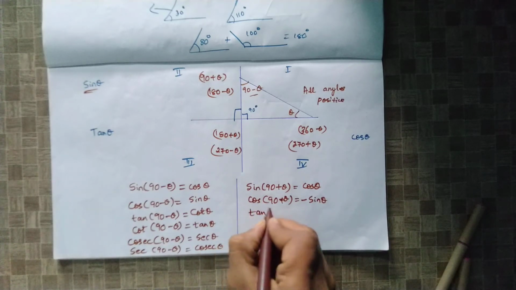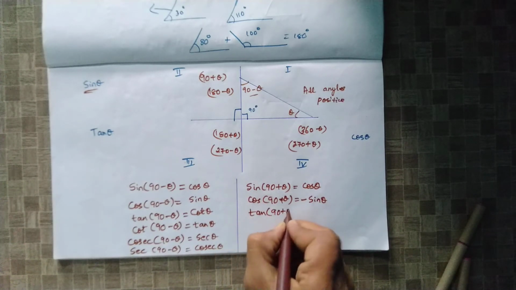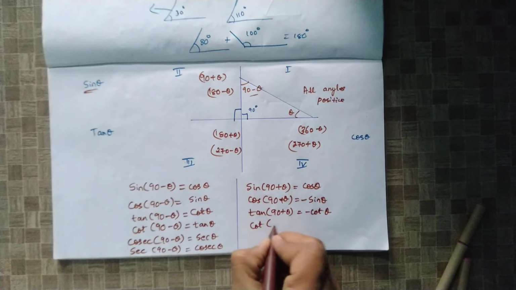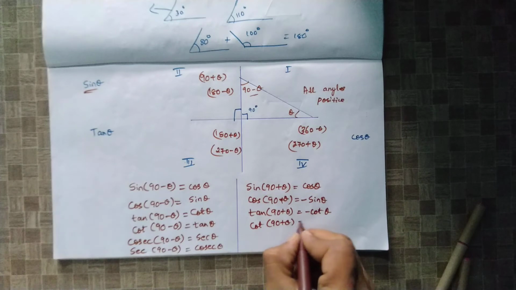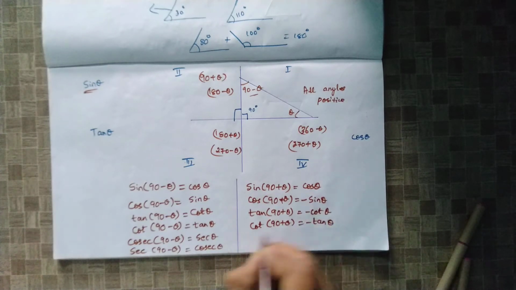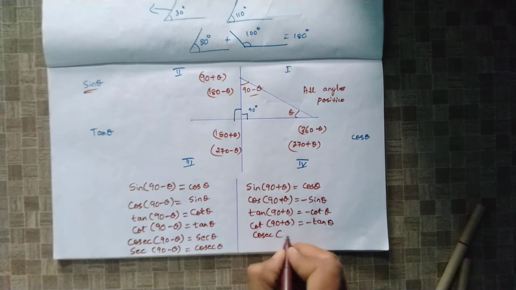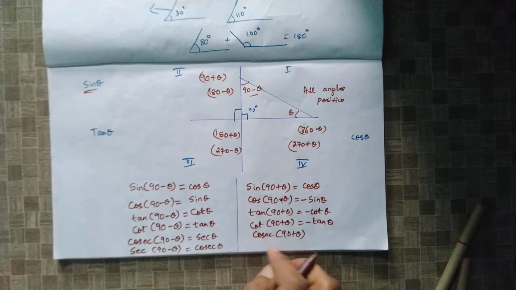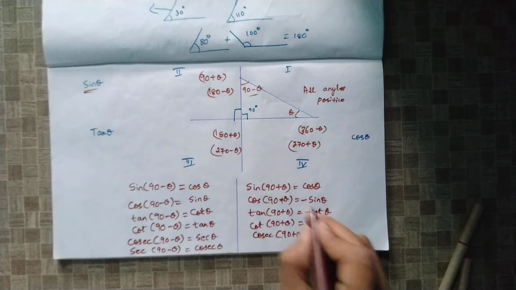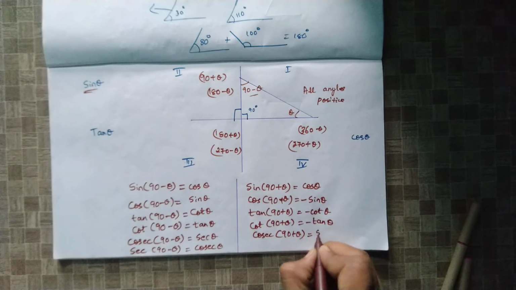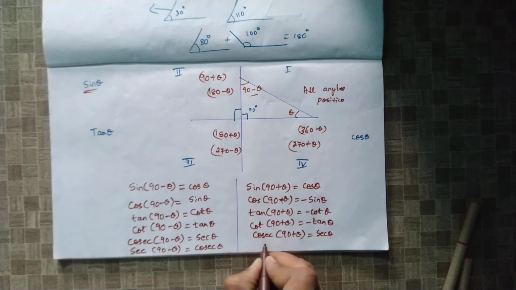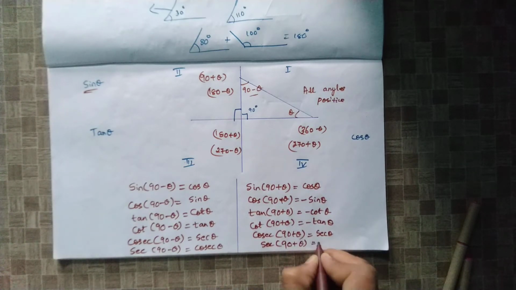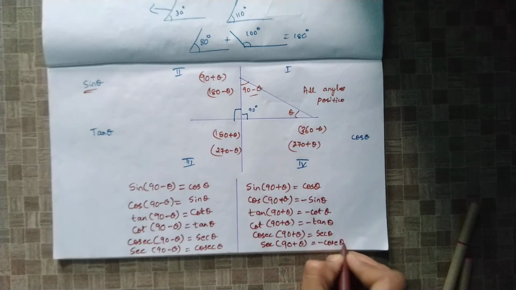Tan of 90 plus theta becomes minus cot theta, and cot of 90 plus theta becomes minus tan theta. Cosecant of 90 plus theta, since it is the reciprocal of sin theta, becomes plus secant theta. Similarly, secant of 90 plus theta becomes minus cosecant theta.